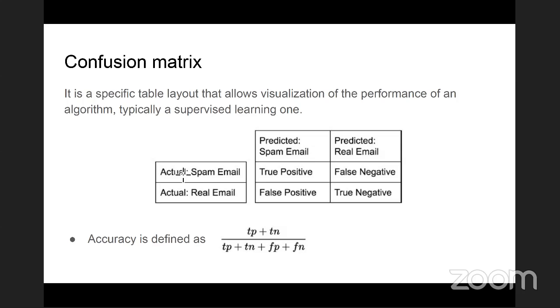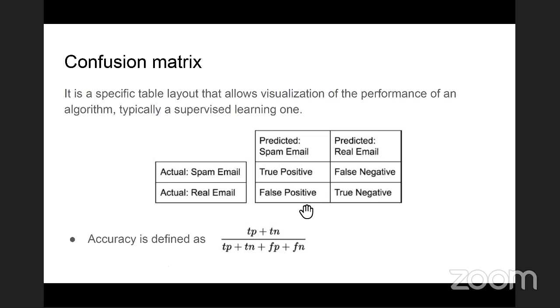In your rows you have actual spam and actual real, and in your columns you have predicted spam and predicted real. You want high true positives. So true positive is it's actually spam and you called it spam, and you want a high number of true negatives where it was not a spam and you called it not a spam. You want a low number of false positives and a low number of false negatives.